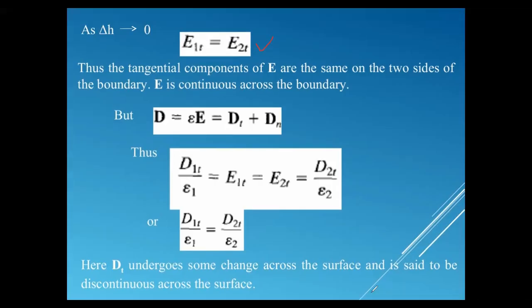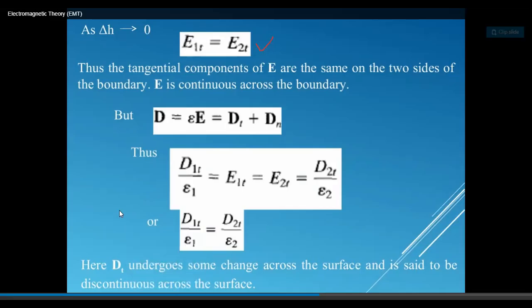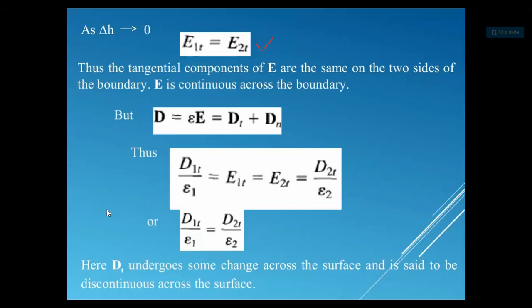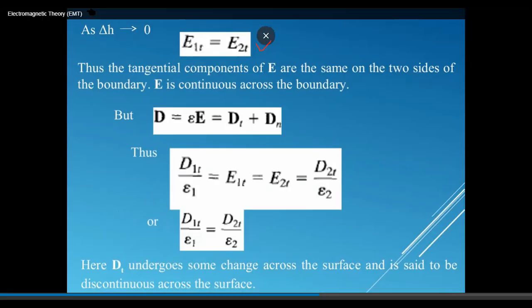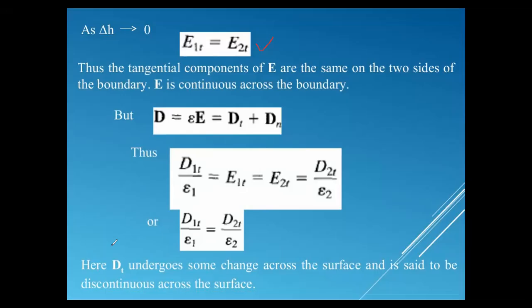So remember, E1t is equal to E2t and D1t upon epsilon 1 is equal to D2t upon epsilon 2. See the very important point: it looks like it is continuous, but sometimes in theory they may twist the question and ask that D undergoes some change across the surface.